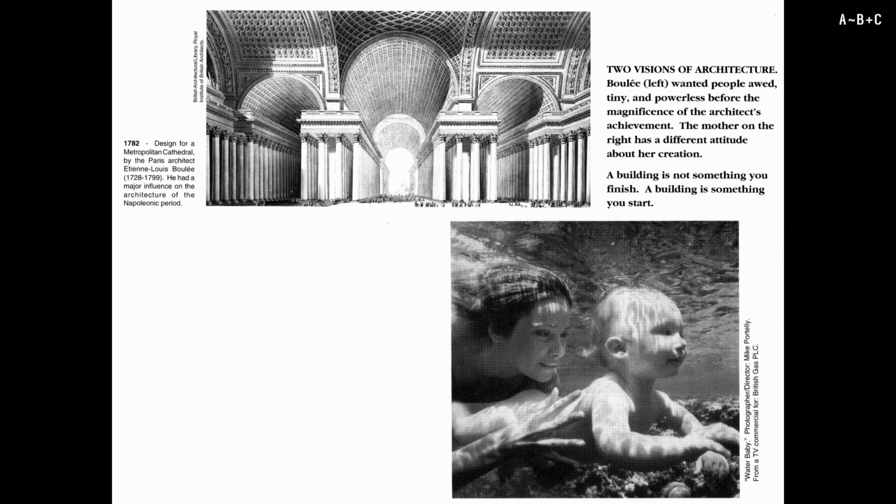Firstly, neither of these are real proposals for buildings. Secondly, one of them is not a proposal for buildings because it is a photograph of a swimming baby. And they're both pieces of rhetoric. But one of them is a rhetoric which is you should buy gas from British Gas.